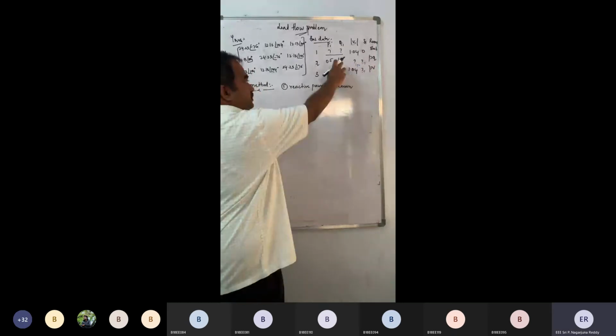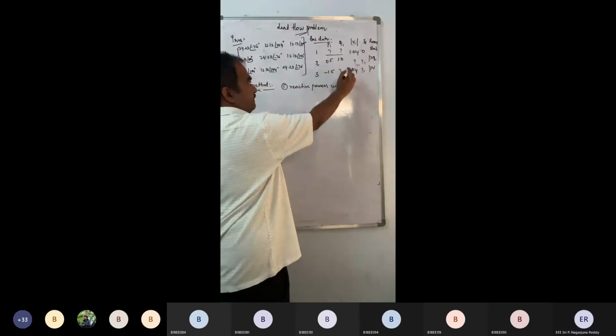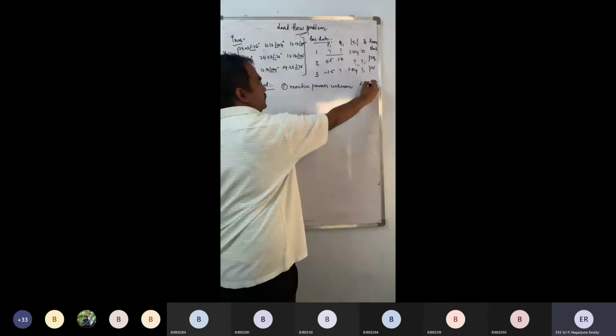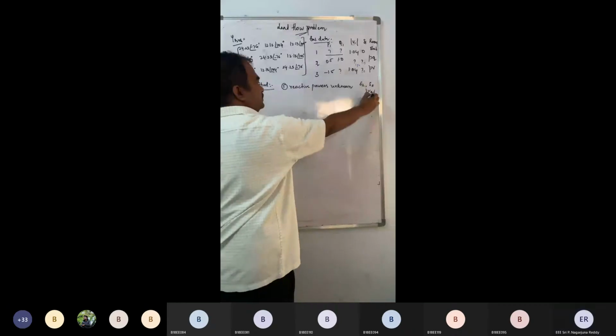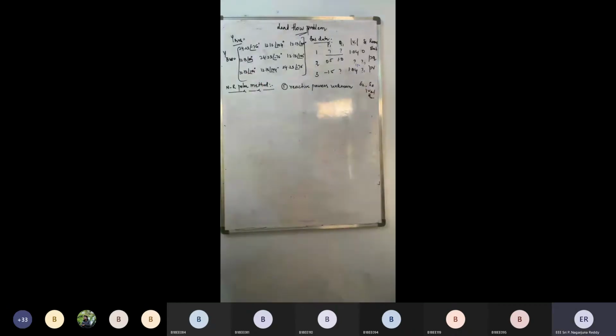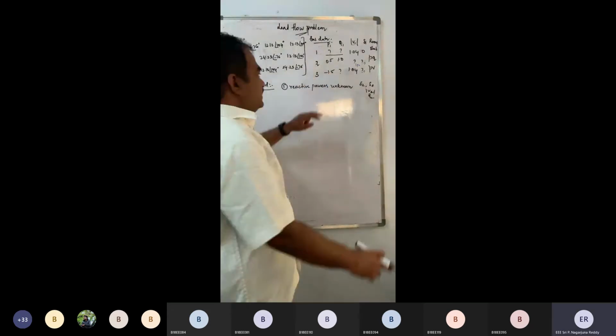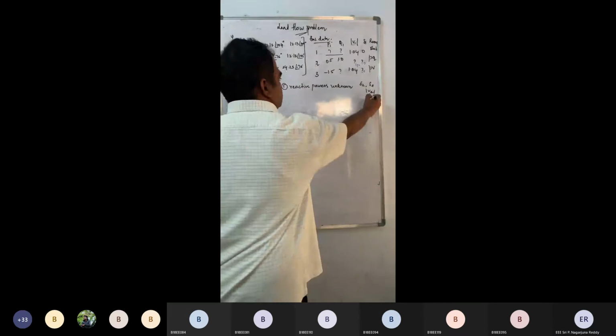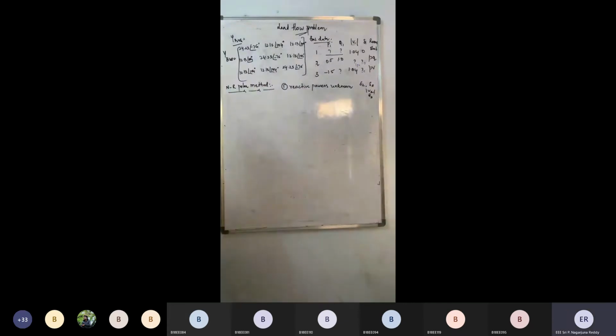So what are you supposed to determine now? These are delta 2 and delta 3, two angles, one voltage magnitude, and the other one is a reactive power. Now I am starting with the reactive part, which is unknown for me. This is Q3. So first of all, I will calculate Q3.